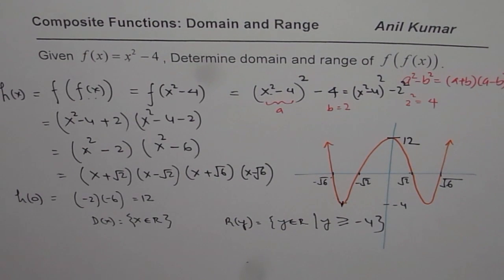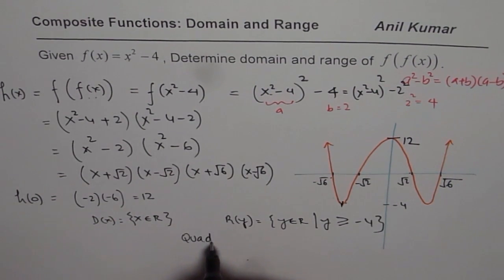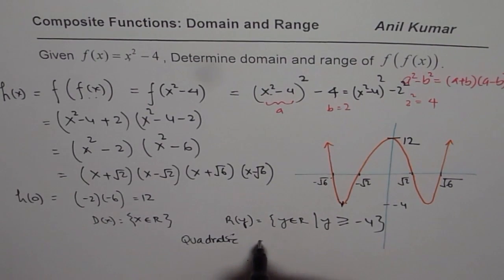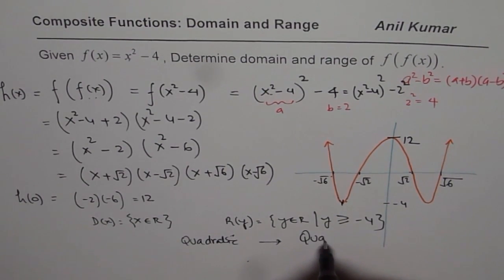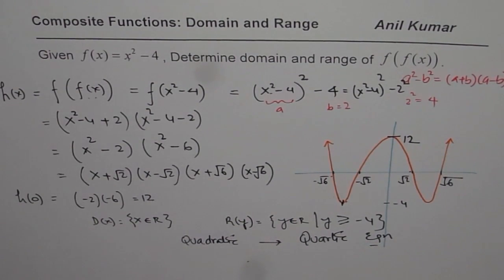Anyway, you got an idea that we can do composition of a function with itself, and in this particular case, when we have a parabola, a quadratic equation, then the composition leads to a quartic equation. So from quadratic we get quartic. That is how things change.